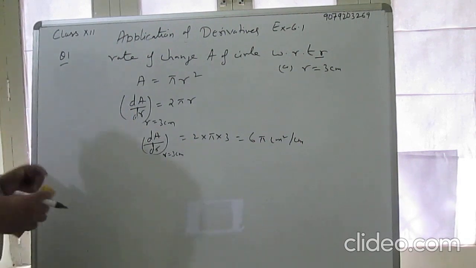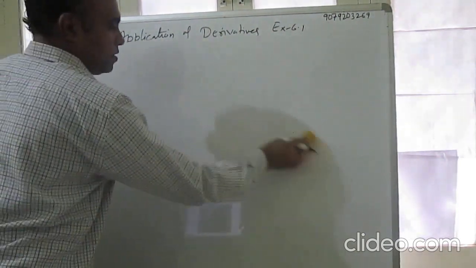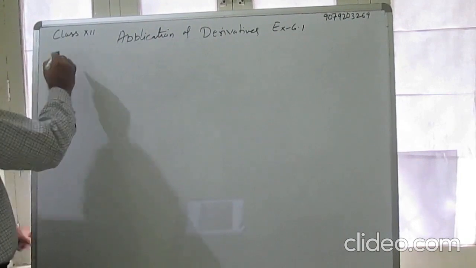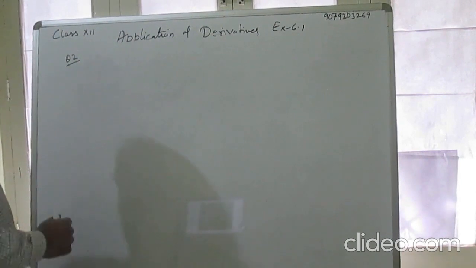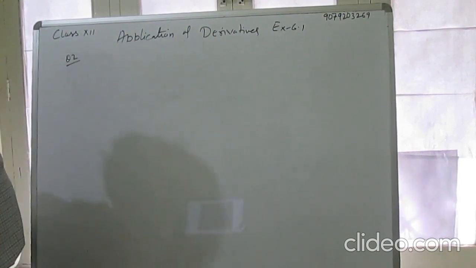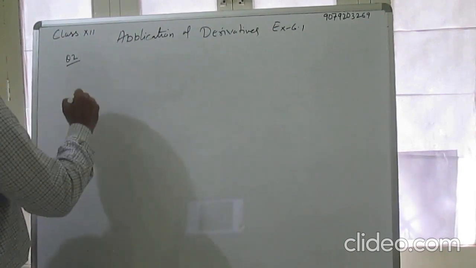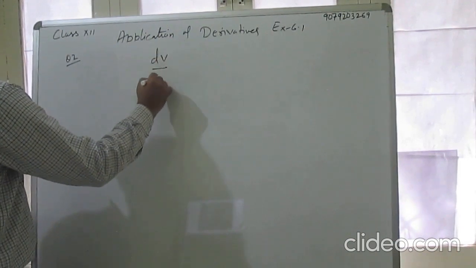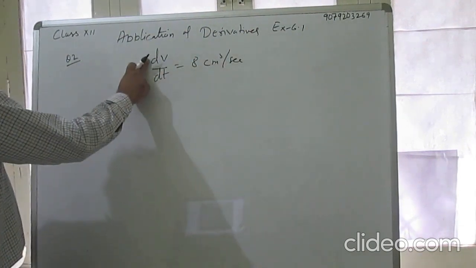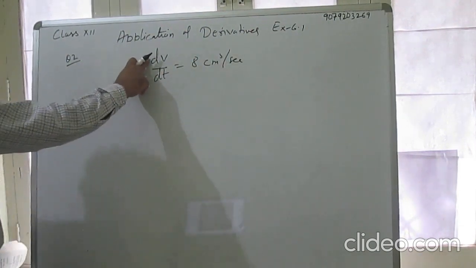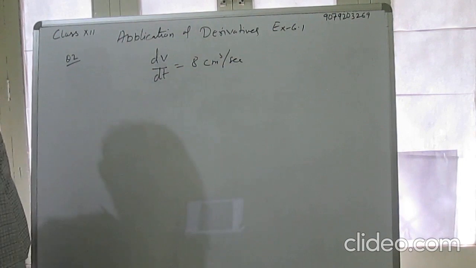Now understand question 2. See here, the volume of a cube is increasing at the rate of 8 centimeter cube per second. dV by dt is given to you 8 centimeter cube per second.